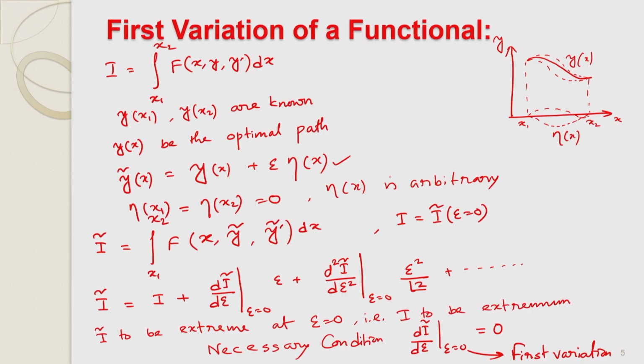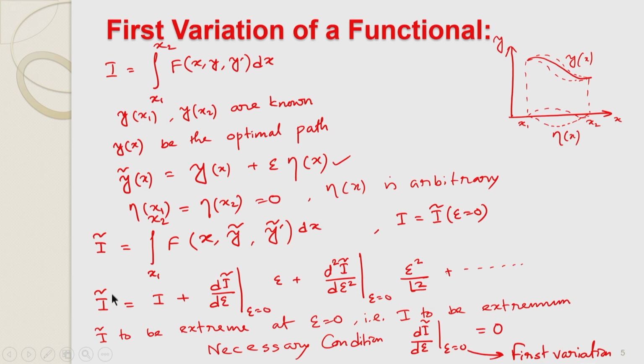Thus, to summarize, for a given functional, we can expand in Taylor series. The first order derivative of the functional is called the first variation of that functional.